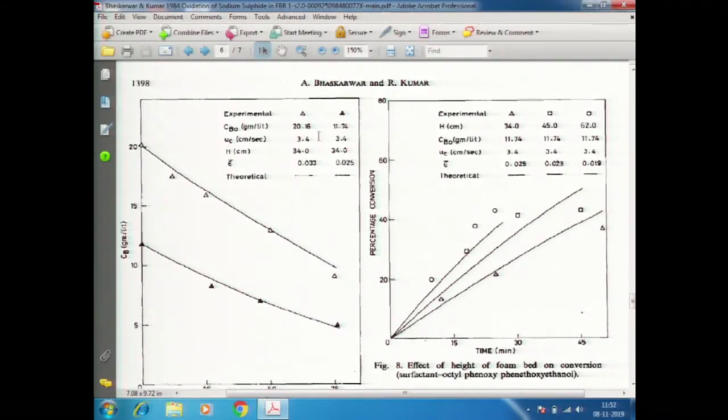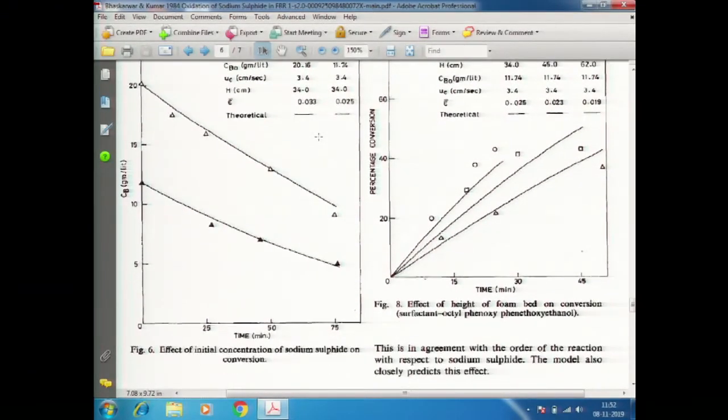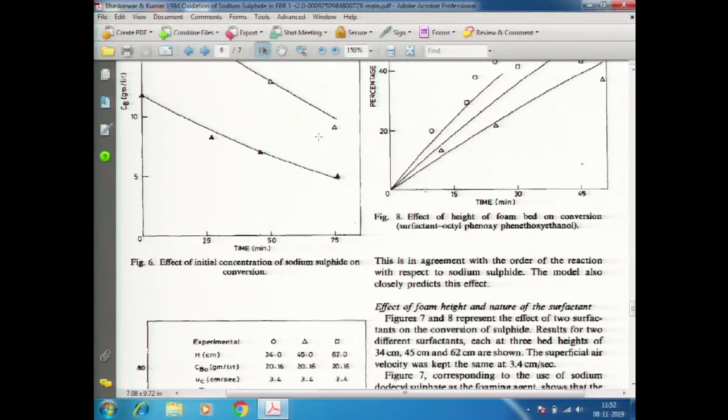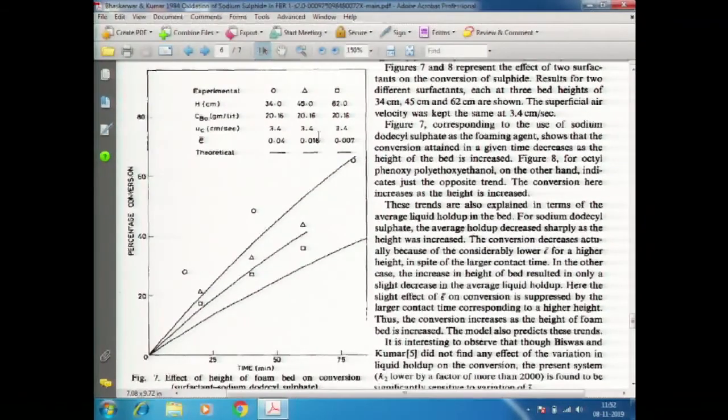So let us not underestimate anybody, but a quantitative description of a foam bed reactor would not be possible using a language other than mathematics. Mathematics is essential.